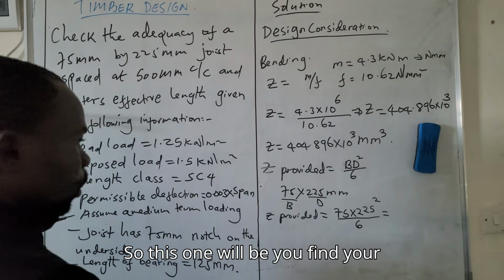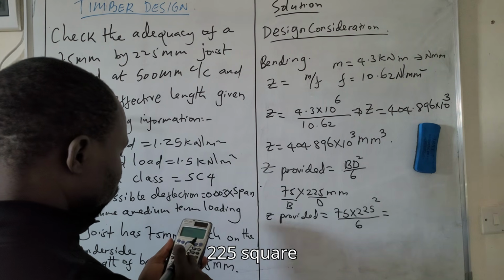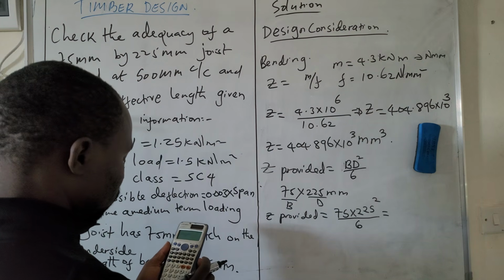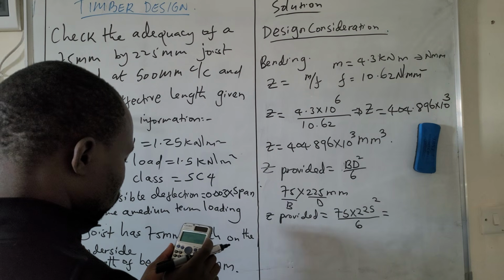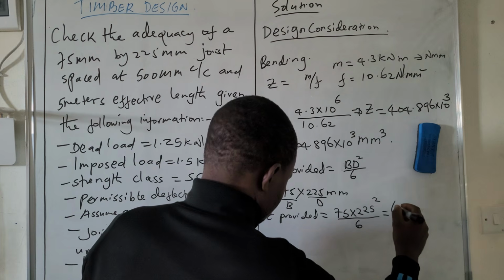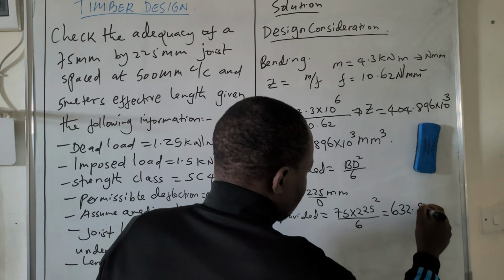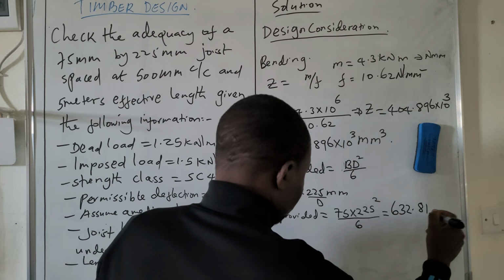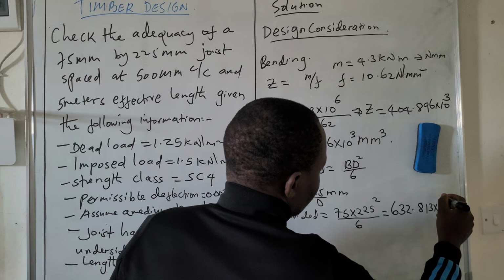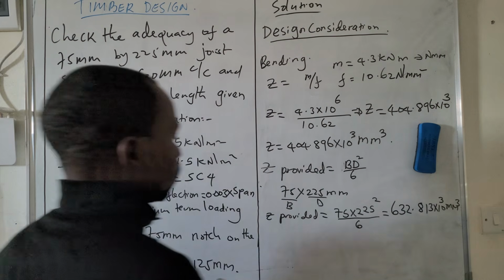You punch your calculator, and the answer is 632.813 times 10 raised power 3 millimeter cubed.